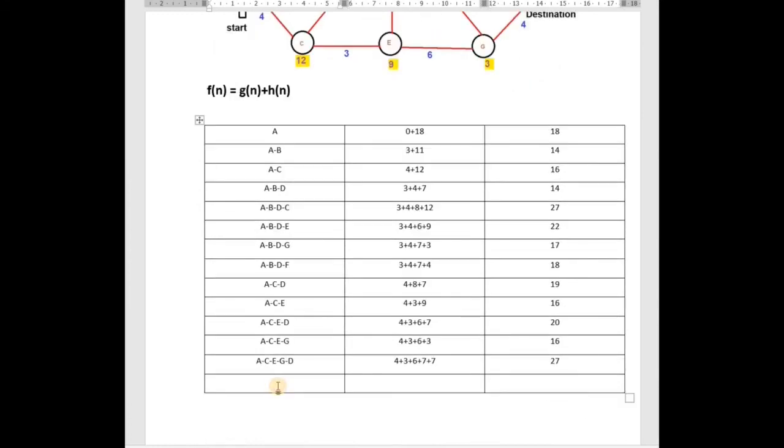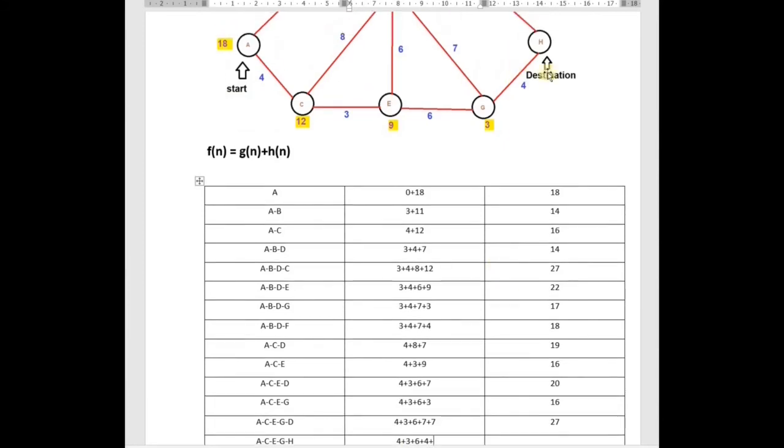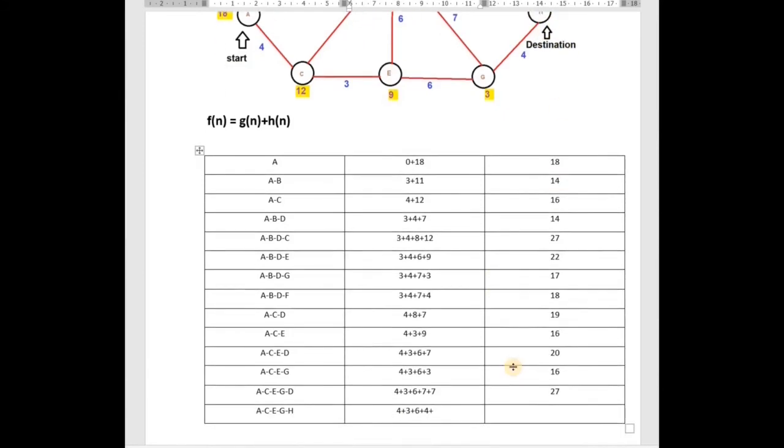Now I will check the other one, that is A, C, E, G to H. What will be the cost? 4 plus 3 plus 6 plus 4 plus the heuristic value of H. It is the destination, so we will assume that the heuristic value is 0.